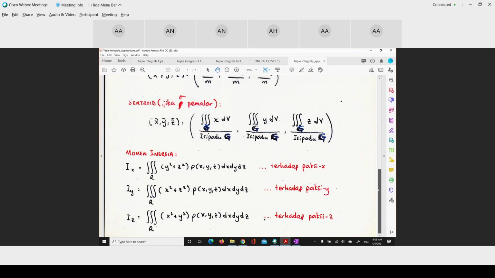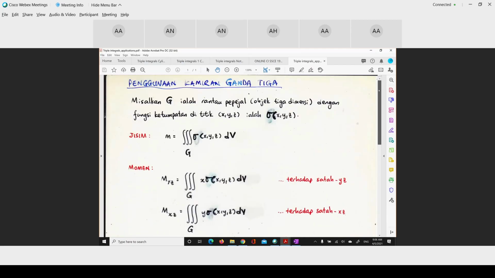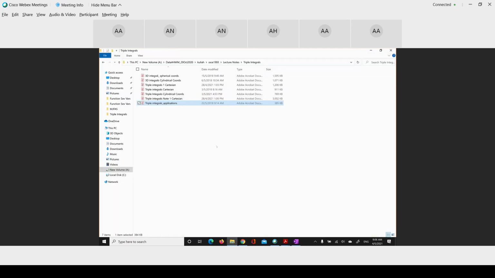No, I haven't discussed this yet, right? This one is also in Malay. The one that I have discussed with you is for the lamina.